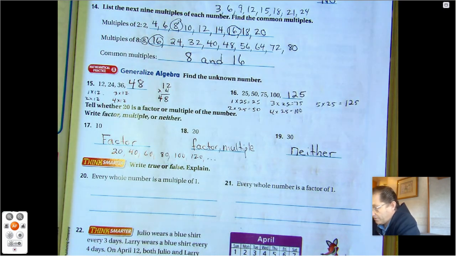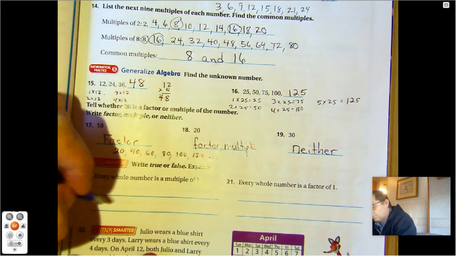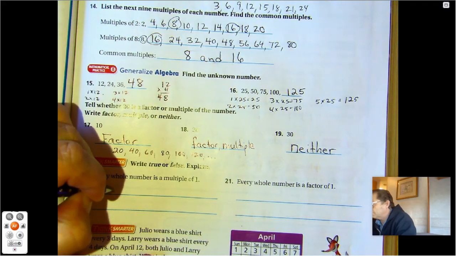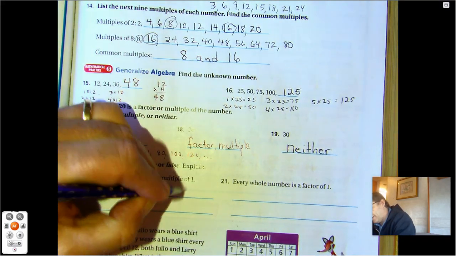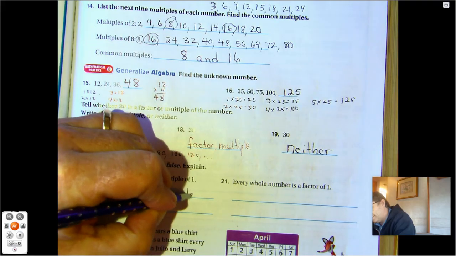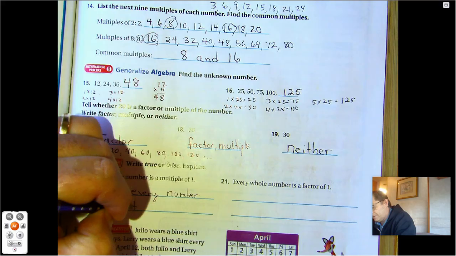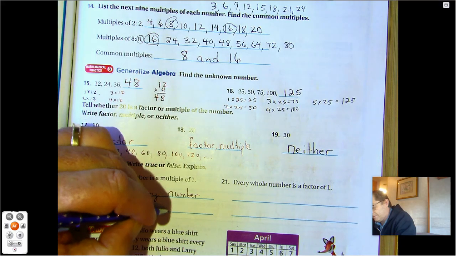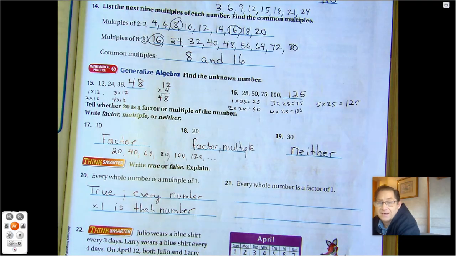All right, explain whether, write true or false and explain. Every whole number is a multiple of 1. True. Every number times 1 is that number. Every whole number is a factor of 1.